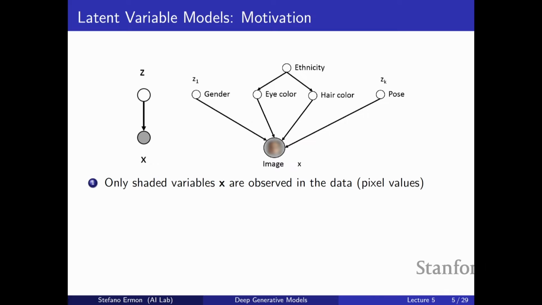Conceptually, you can think of a Bayesian network that might look something like this, where there are the pixel values that you get to see, and then there's a bunch of latent factors of variation that would be helpful in describing the different types of images that you might have access to in your data set.